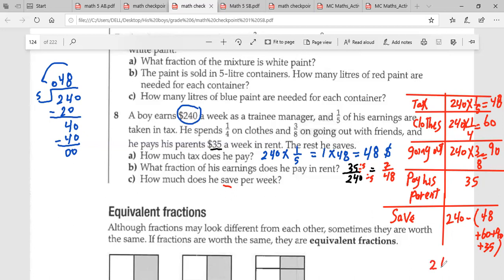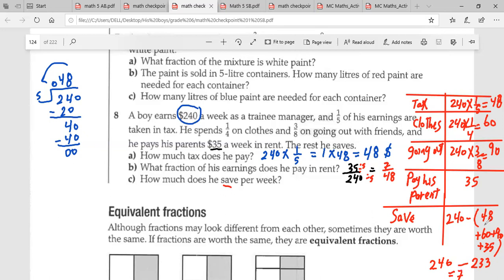If you add them, 40 plus 90 is 150, 150 plus 48 is 208. Okay, if you add them all, the number is 233. If you subtract it, you get save $7.